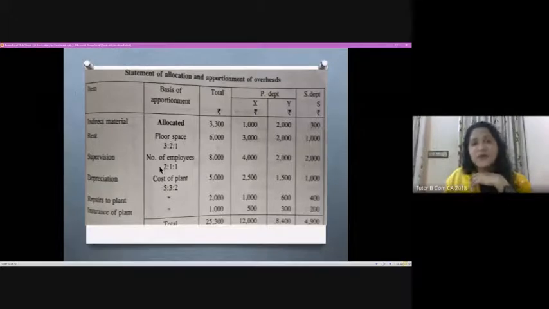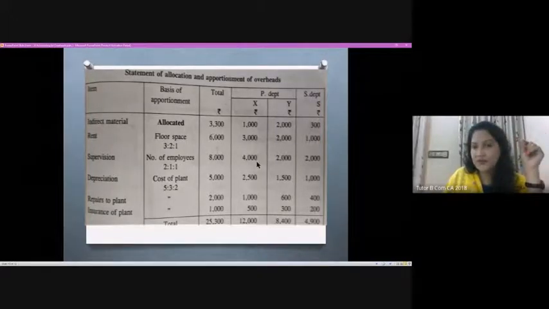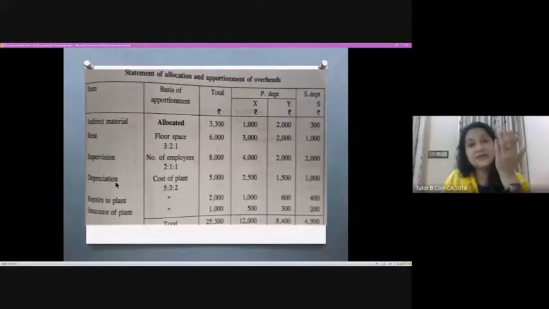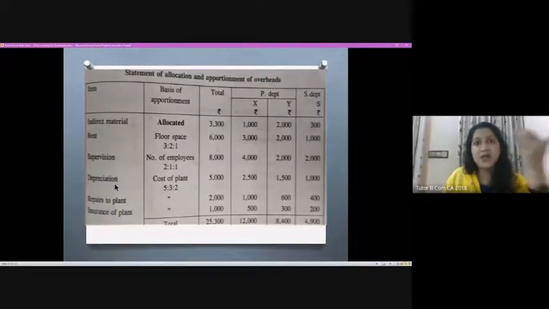That's why we took number of employees as the logical basis for classification. We allocated that on the basis of number of employees in X department, in Y department, as well as in S department respectively. Then depreciation, of course, we know that it is directly connected with cost of the asset. As the cost increases, the depreciation charged on that also would be increasing, right?